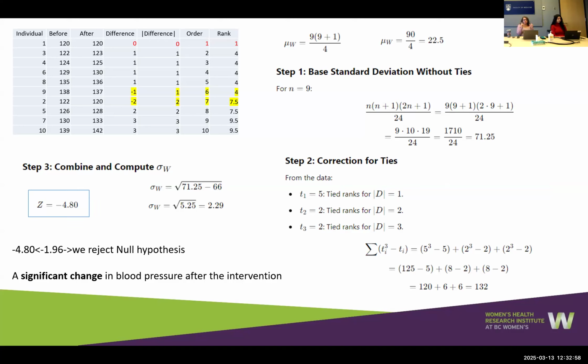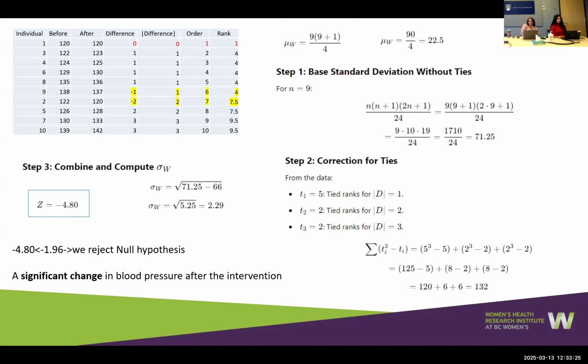We need to do an adjustment and correction for ties for our standard deviation. For a difference of 1 we have 5 ties, for a difference of 2 we have 2 ties, and for a difference of 3 we have 2 ties. Here's the formula for the adjustment for ties, and the adjustment for the standard deviation will be 132.